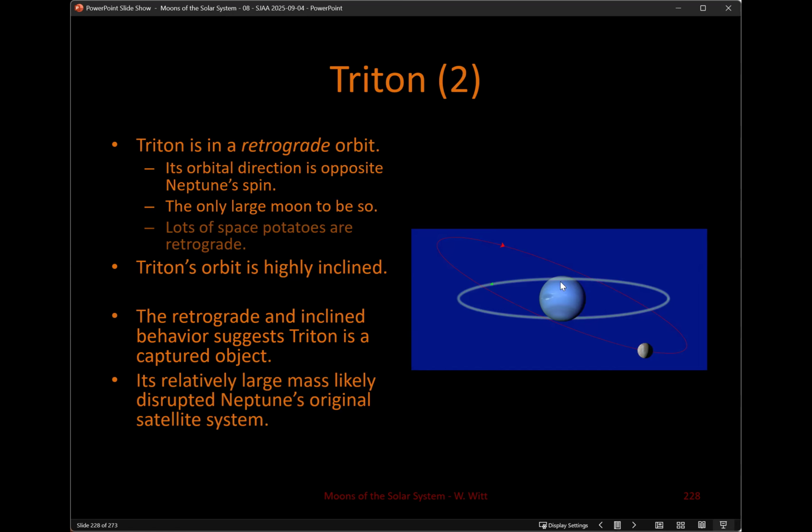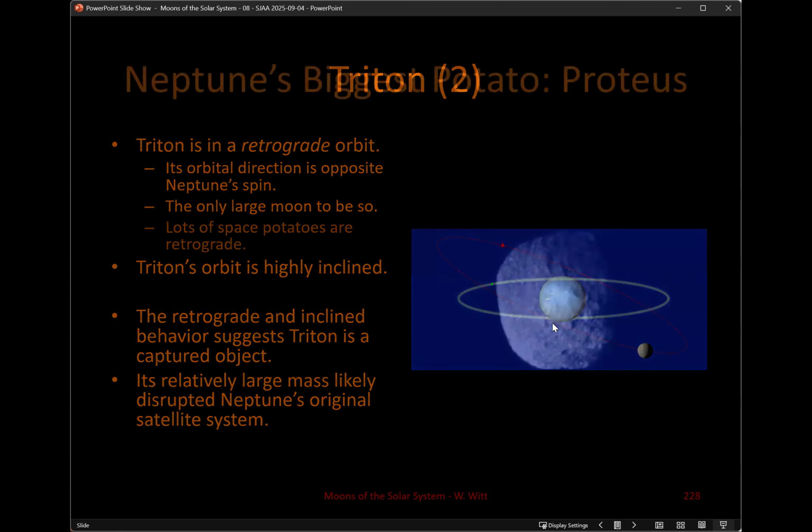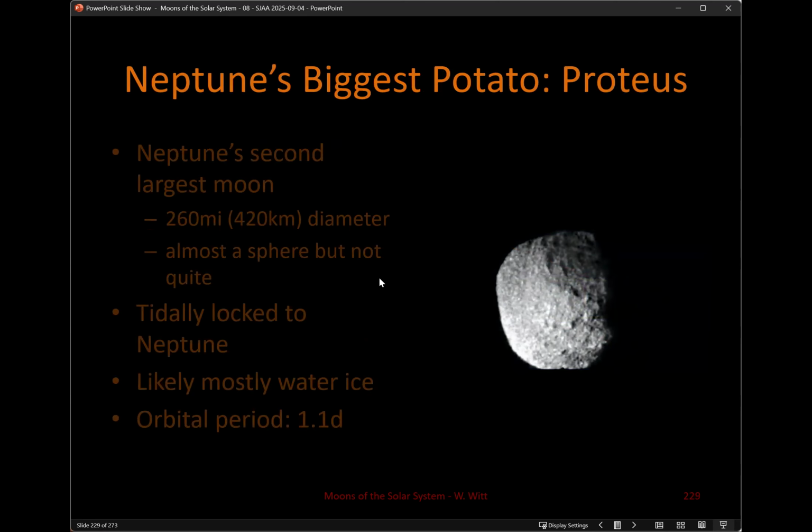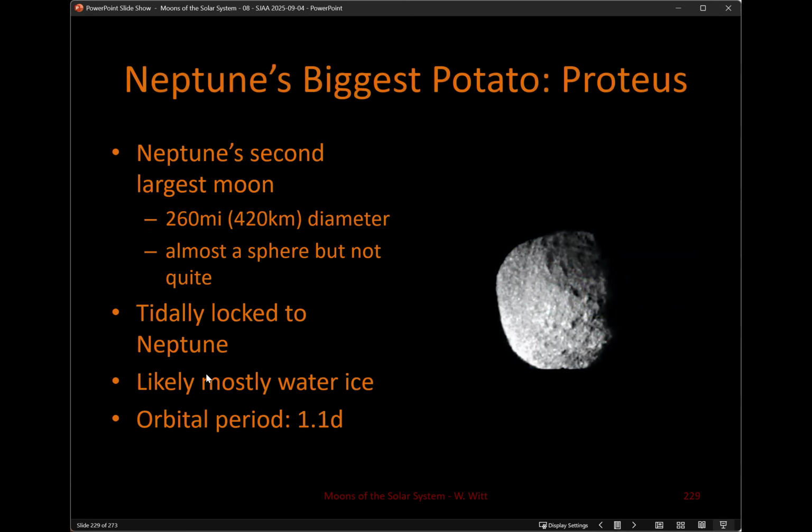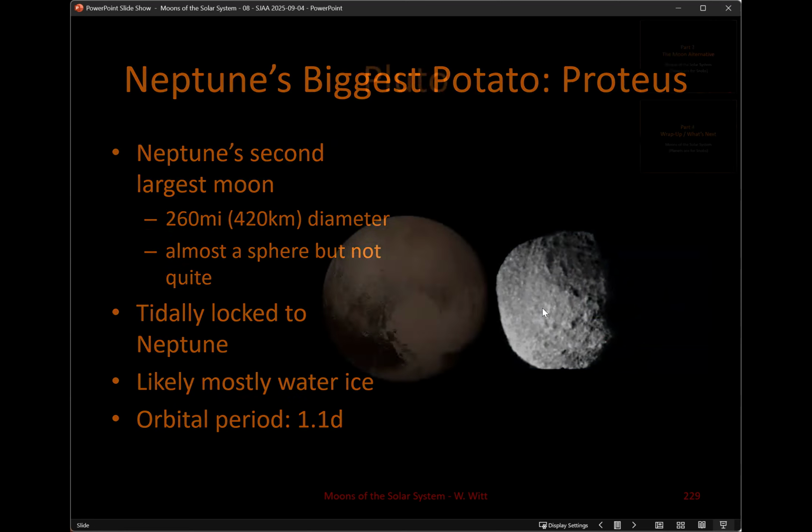And this probably created a big mess. Whatever moons were there at the time were probably ejected. And now we just see the leftovers from that capture event. And then here, this is the biggest space potato, just as an honorable mention. It almost managed to be spherical, but not quite massive enough to be so.